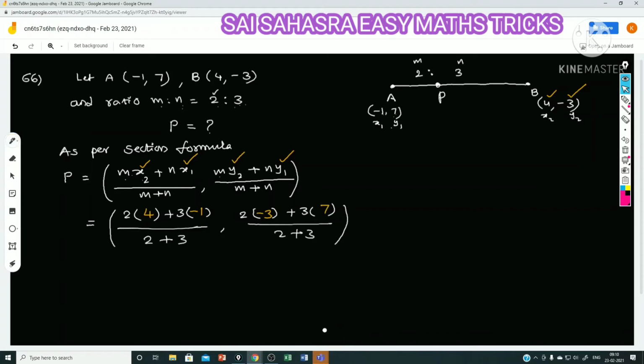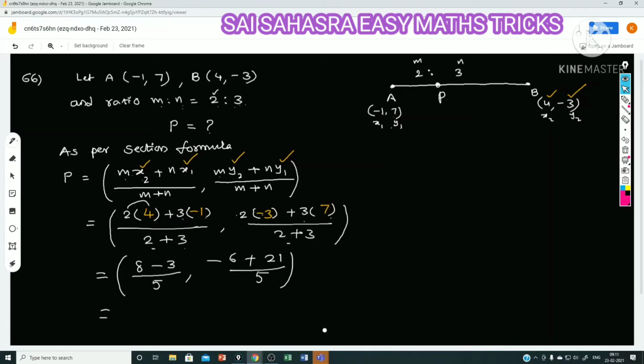So the next step is 2 into 4 is 8, plus into minus is minus, 3 into 1 is 3, divided by 2 plus 3 is 5, comma, plus into minus is minus, 2 into 3 is 6, plus 3 into 7 is 21, divided by 2 plus 3 is 5.